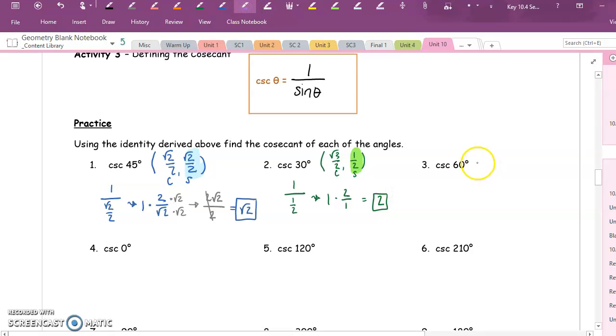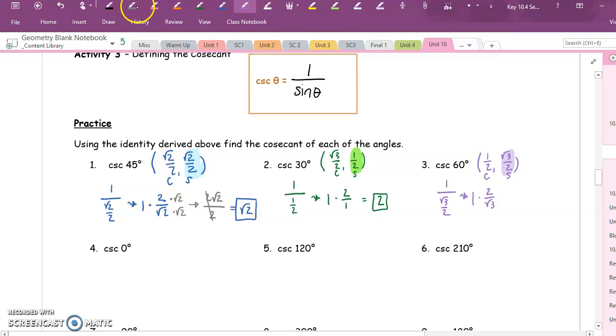And then we have cosecant of 60 degrees. So we're going to take a look at our left hand, put down our 60-degree fingers. So we have 1/2, comma, square root 3 over 2. It goes cosine, comma, sine. Cosecant takes a look at the second one. So we have 1 divided by square root 3 over 2. So we're going to keep the top, flip the bottom.